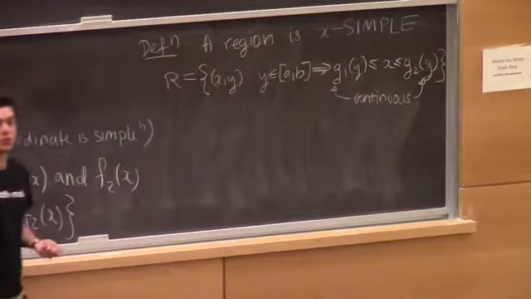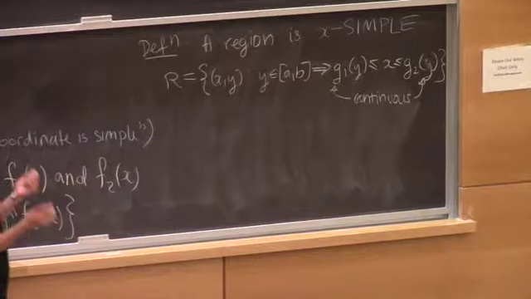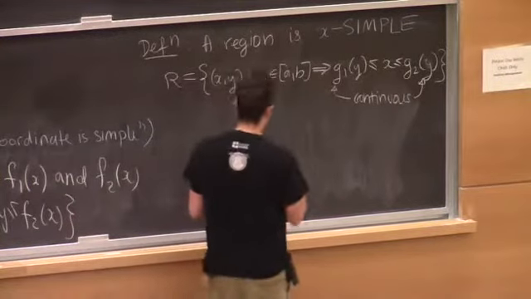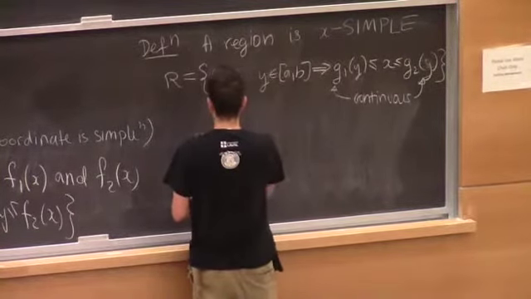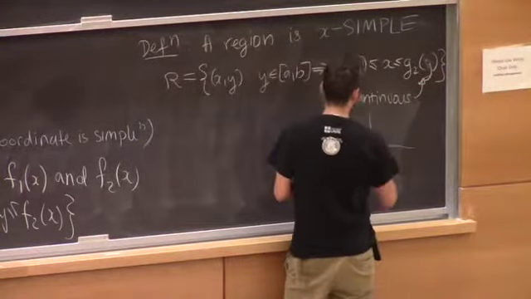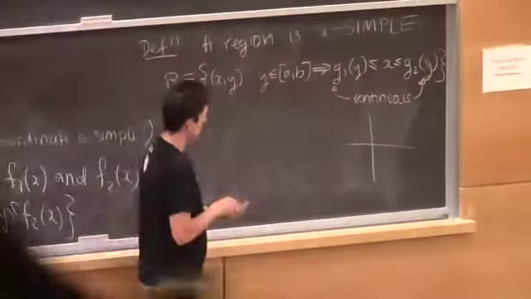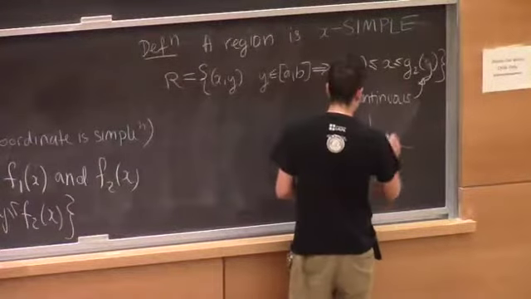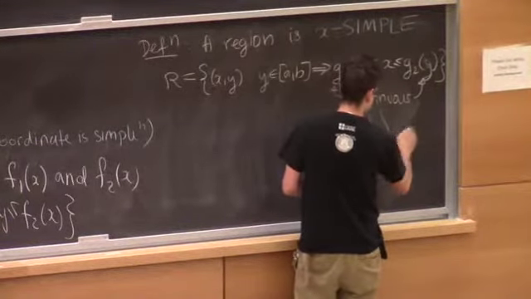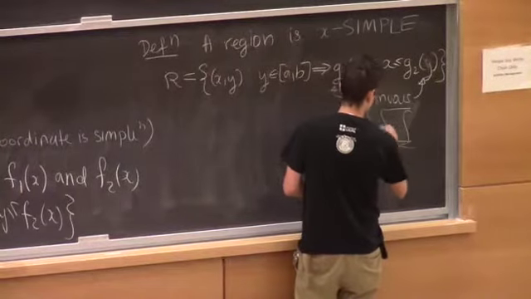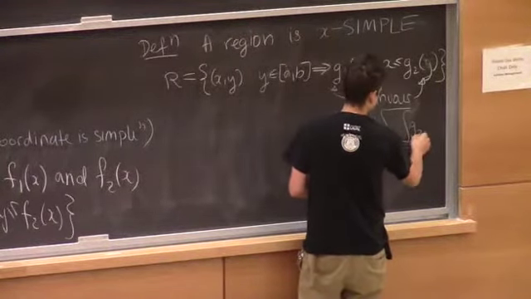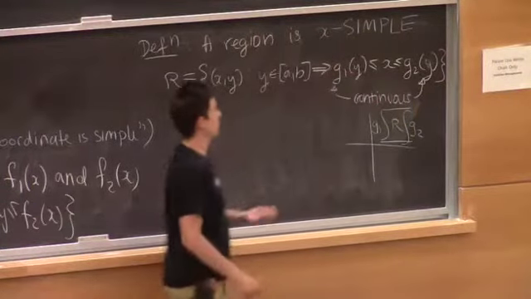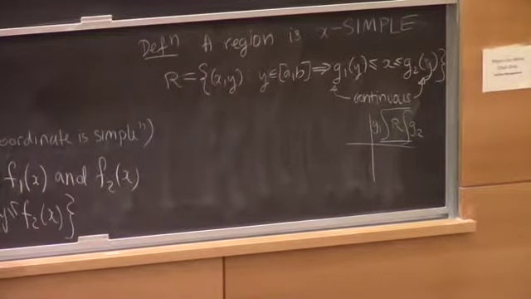If we've got two continuous functions that bound our x-coordinates. Okay, so here the picture is something more like this. We've got a region bounded by two continuous functions. Okay. So those are some terms.